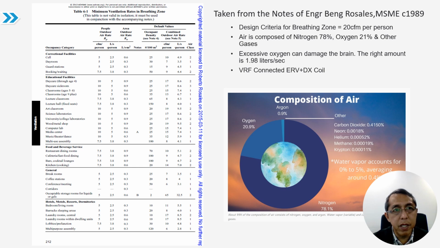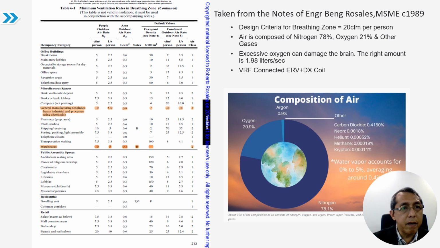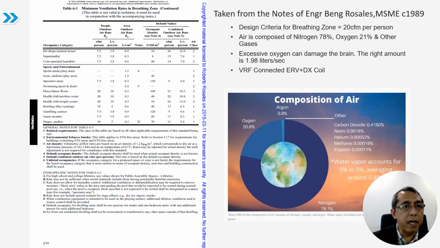And if you want to consider the ASHRAE standards for minimum ventilation rate, you can check it if you're designing for different facilities such as correctional facilities, educational facilities, food and beverage, general area, motel, resorts, dormitories, office buildings, sports facilities, public assembly spaces, residential and retail, and sports and entertainment arena.